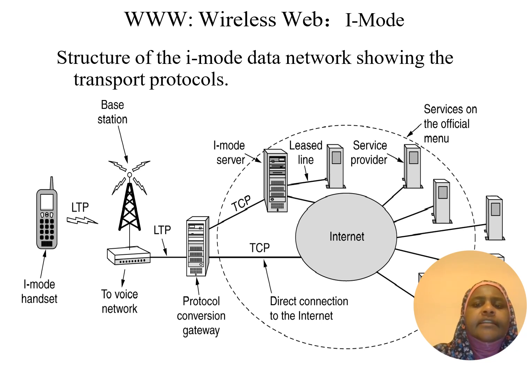These service providers are connected to the internet, and then the response will be sent back to the protocol conversion gateway through a TCP connection, back to the voice-to-network server, to the base station, to the handheld device.